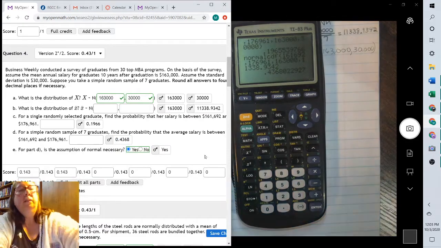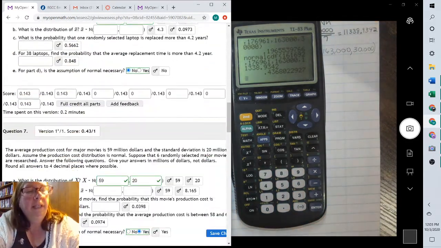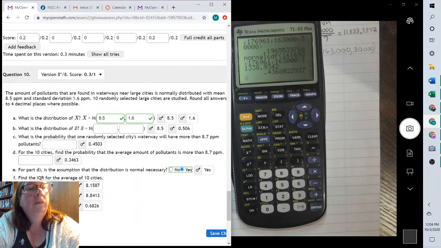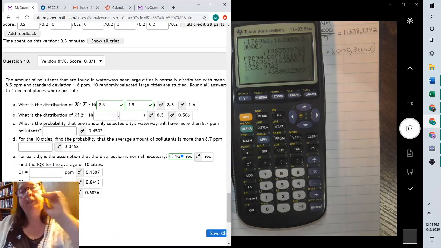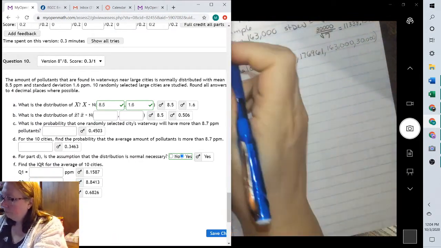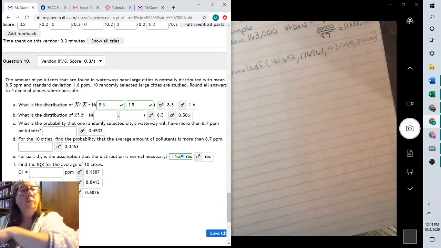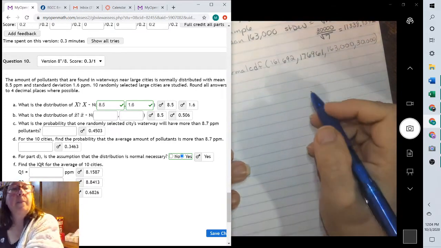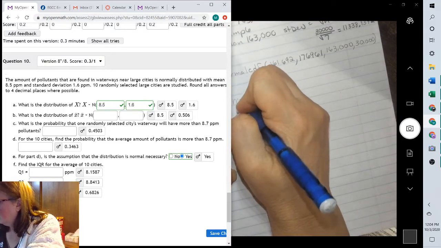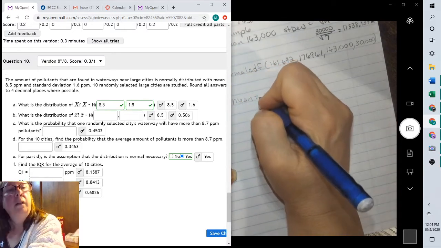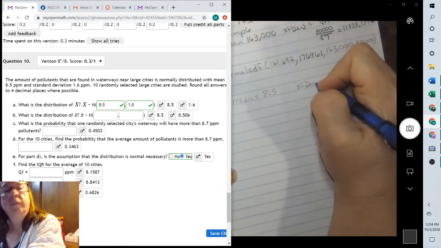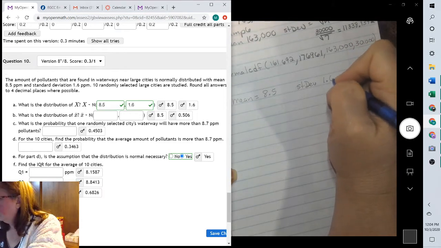Okay, let's try number 10, because I think it was 10 covers a lot also. Yeah, because it's got the quartiles also. Number 10, we have a mean for the part A of 8.5 and a standard deviation of 1.6.